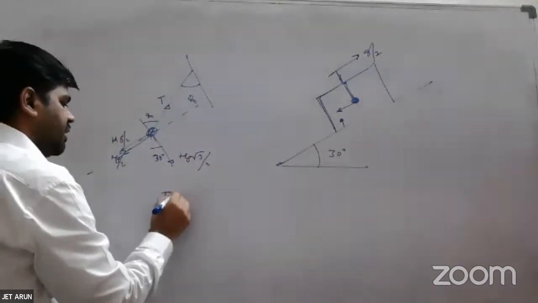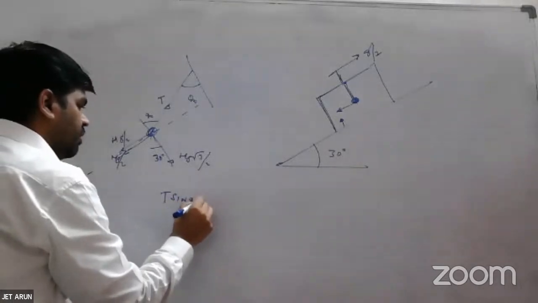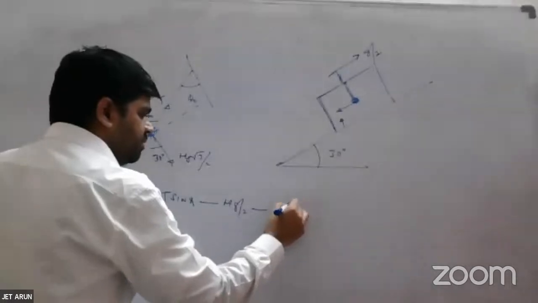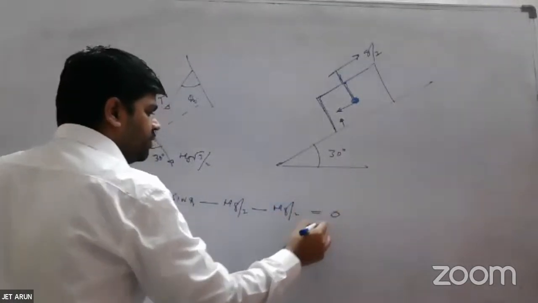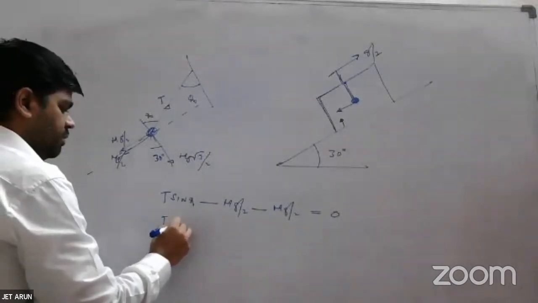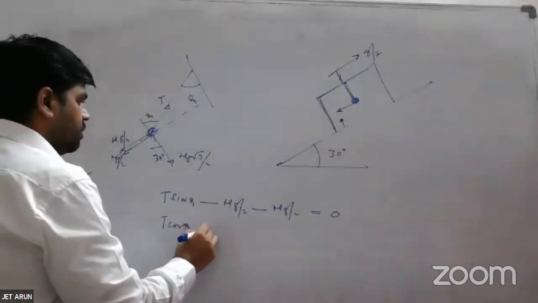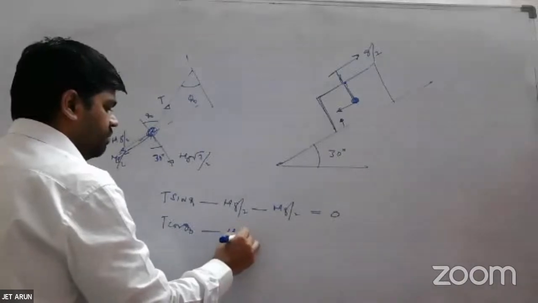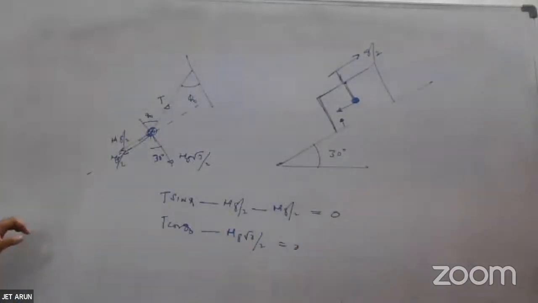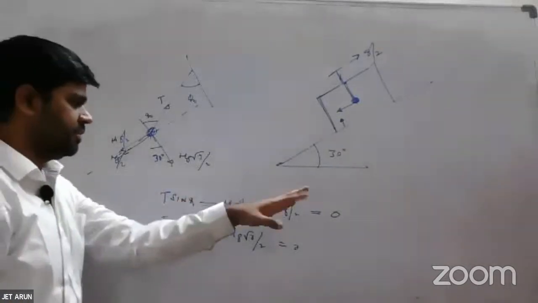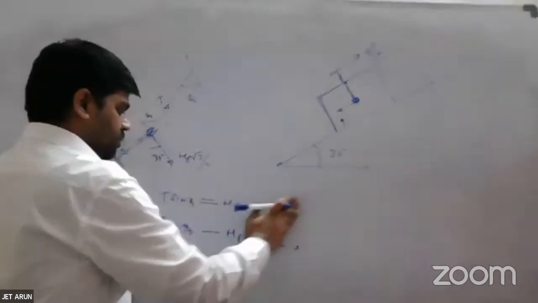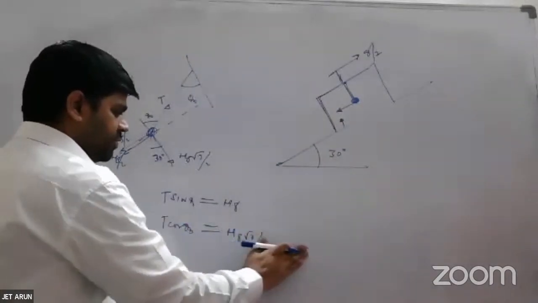So that is T sin theta minus mg by 2 pseudo force minus mg by 2 component of gravitational force equal to 0. And T cos theta minus mg root 3 by 2 equal to 0. Again, I take it to the right side, I get mg. Take it to the right side, I get mg root 3 by 2.